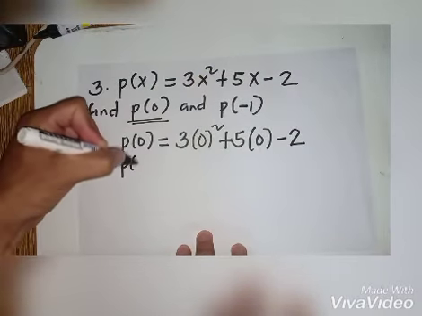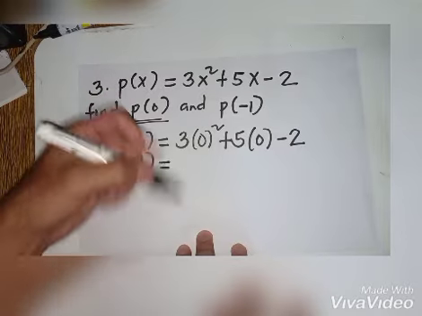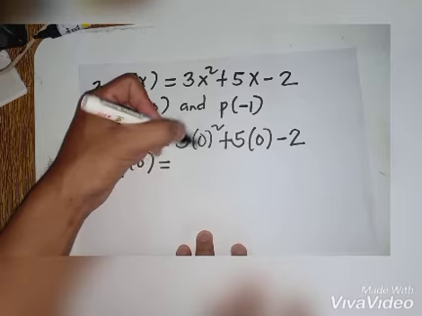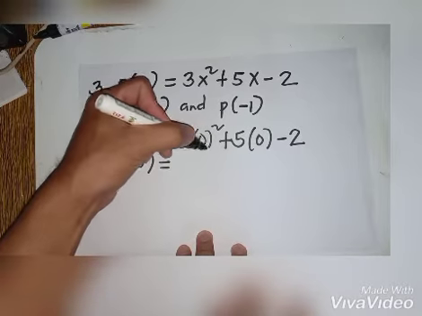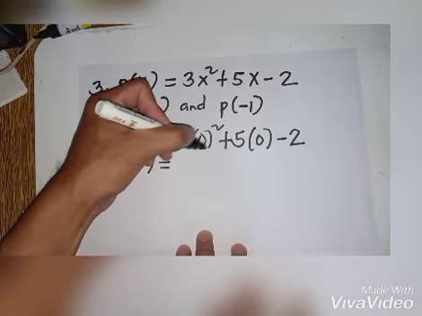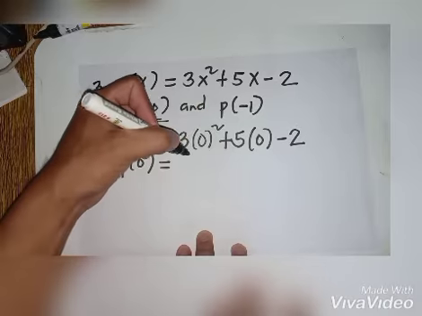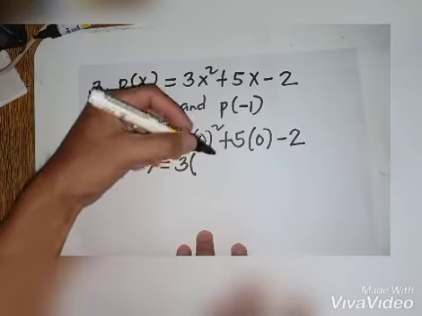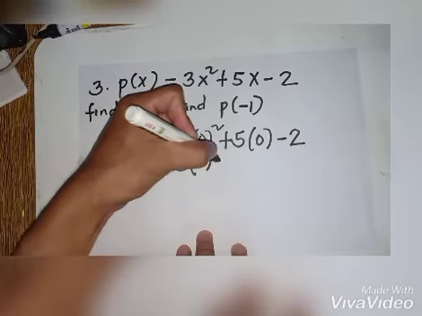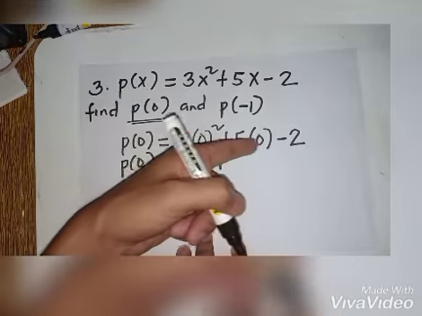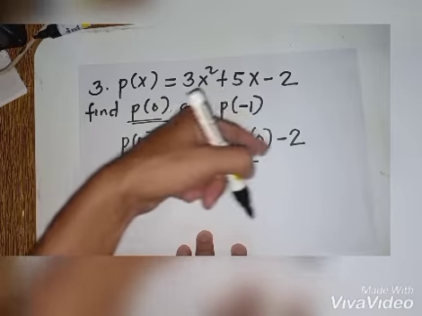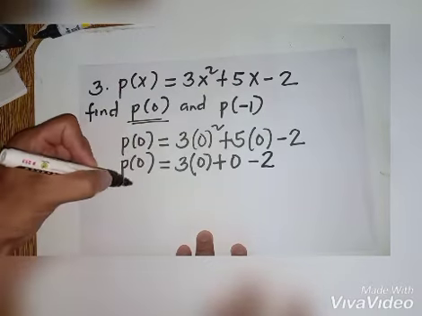So p of 0 is equal to, so order of operations, let's have the PEMDAS. Let's consider first the power. So we have 3 times 0 squared, which is still 0, plus 5 times 0, 0, minus 2.